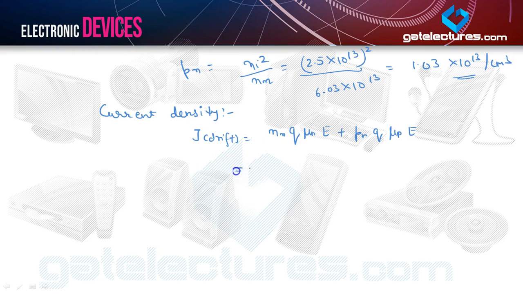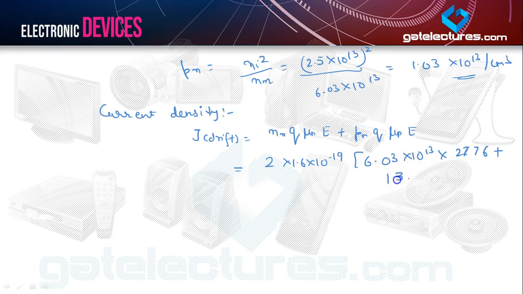So from here you can say that Nn is 2 × 1.6 × 10^-19. We can take E and Q out, and 6.03 × 10^13 × 2776 plus 1388 × 1.03 × 10^13.